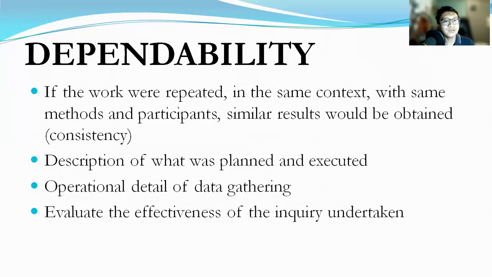That's why, as qualitative researchers, we have to describe everything. We have to be detailed in our operation for data gathering, and even evaluate the effectiveness of the inquiry we undertook, for future researchers to follow in our study. And whatever result we gathered, it's the same result that they can come up with. That's actually consistency.